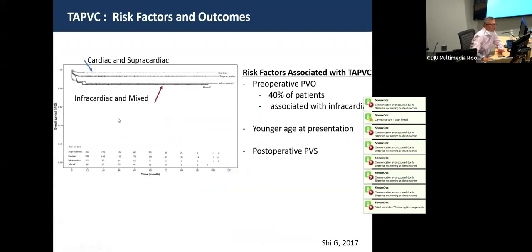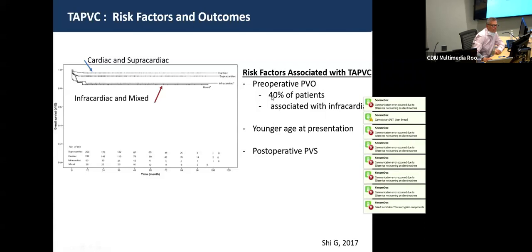So this shows the effect of pulmonary vein obstruction on long-term survival, stratified by the morphological subtype. And you can see that the infracardiac type has the statistically lowest long-term survival based on a large, I think, multi-institutional cohort of patients.